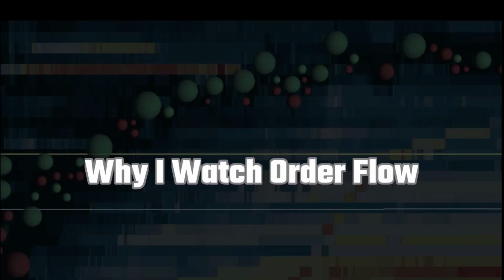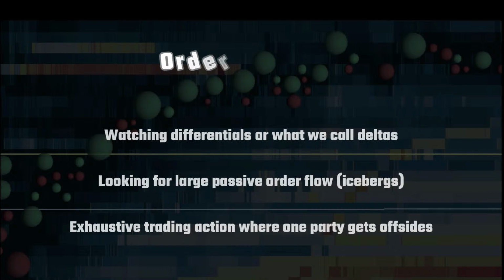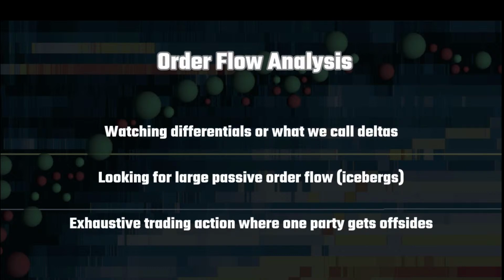And why do I watch order flow? Why is this an important part of my trading process? Well, the biggest thing I think is important is looking for the differentials in the order flow. You can see that in the way Bookmap tracks the volume bubbles in stocks, futures, and crypto, but also in the delta volume profile, where you can see the difference between buyers and sellers, where the aggressors are at different price levels.